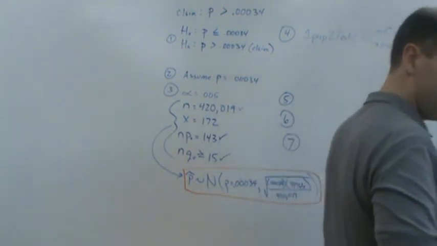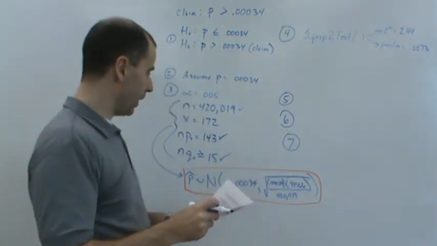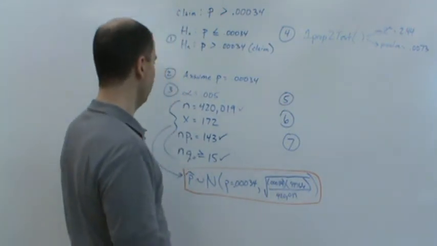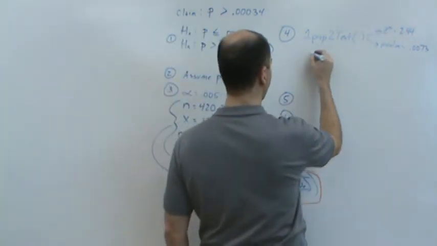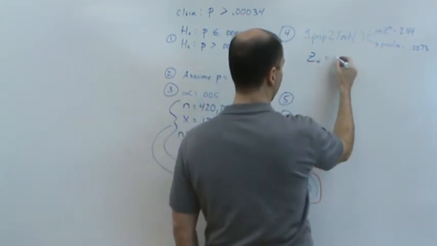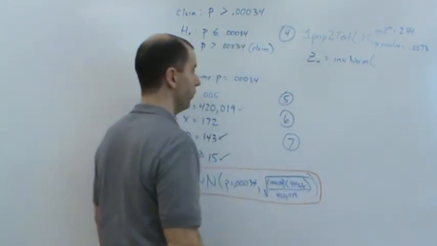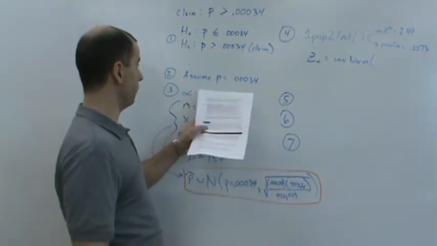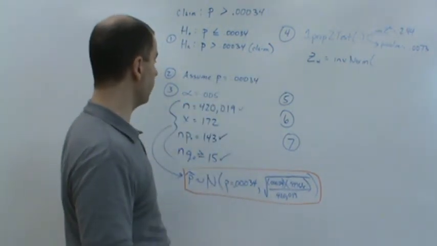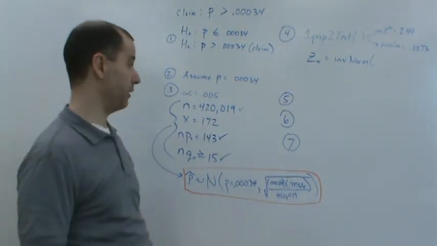And so again, I can either do the traditional method, and since my alpha level is 0.005, right? So I can use inverse norm. So here, z alpha, it's a right tail test. So I'm going to use inverse norm. Now, what's the area to the left? Well, this is the area to the right, right? Then the area to the left has to be 0.995.